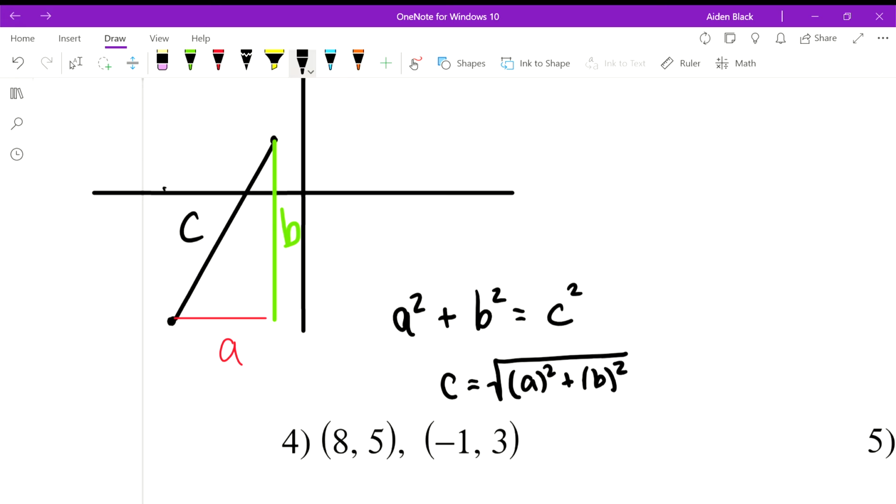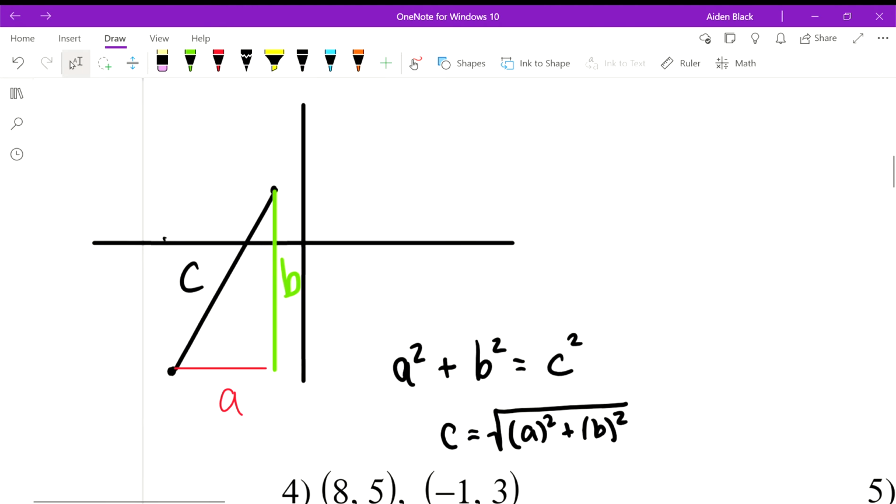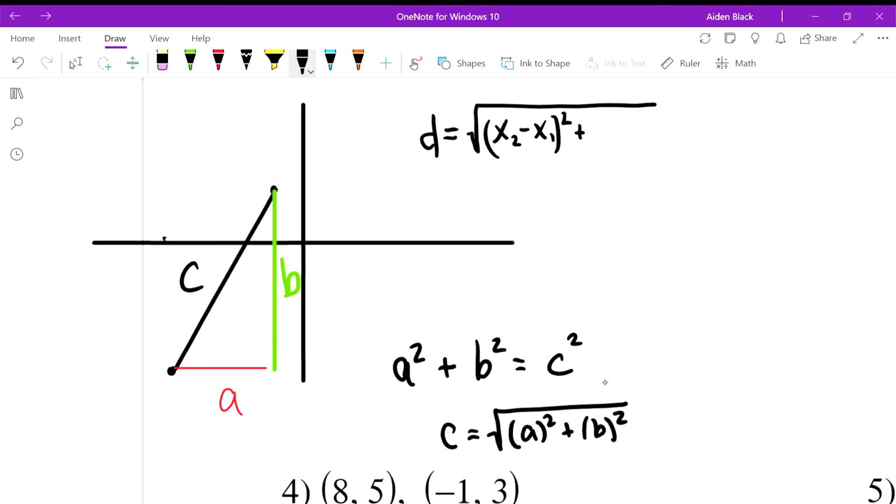Similarly, if we use the distance formula, which looks like this, distance is equal to x2 minus x1 squared plus y2 minus y1 squared.